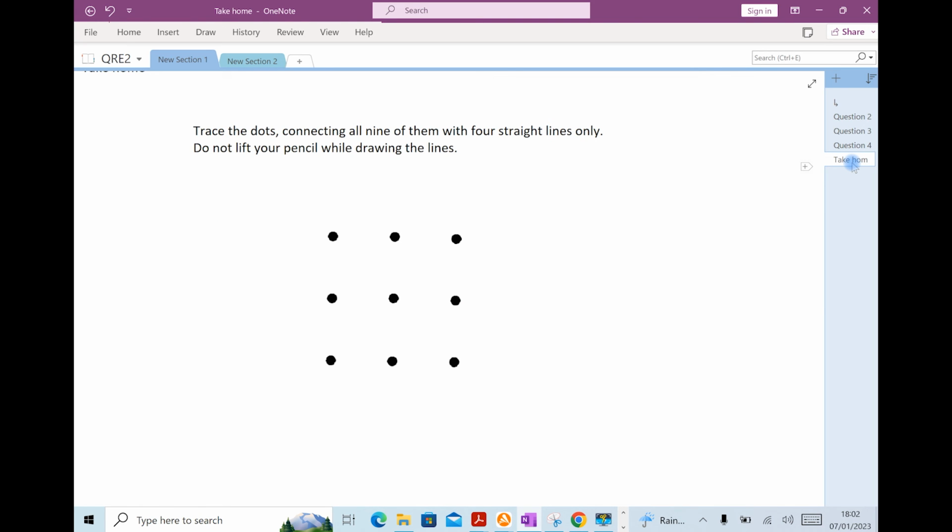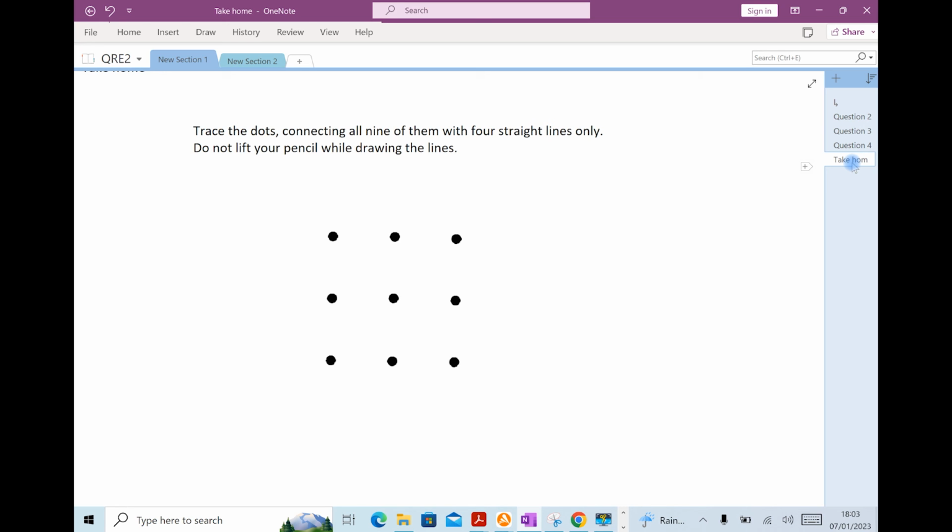All right, so we've gone through the 4 questions and we're here with a take-home question for you. Now, we've got 9 dots in this image below, and I want you to connect all 9 dots with only 4 straight lines. Now, when you connect the dots, do not lift your pencil in the process.